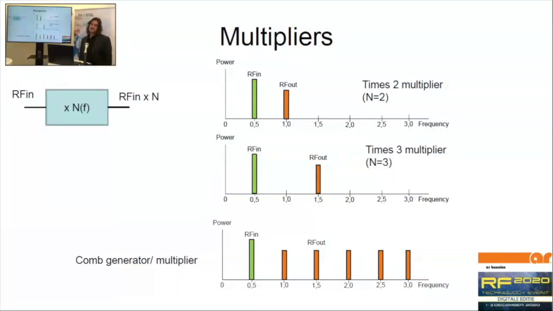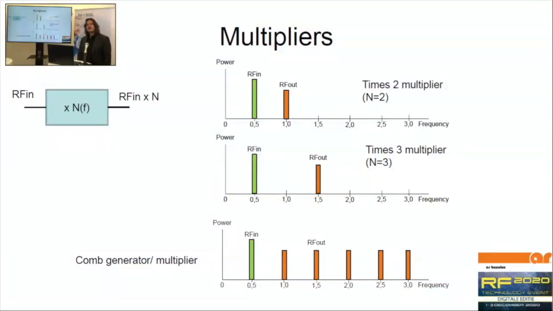So that means your RF in and your RF out will be ×2. And I see there's a little mistake, but your RF in the ×2 will, as it says, be twice as high. You can use a third order multiplier as well, where you go to the third harmonic.